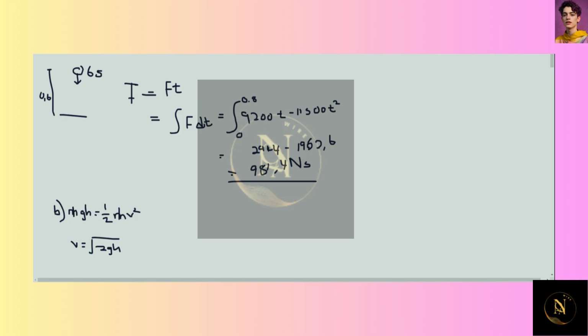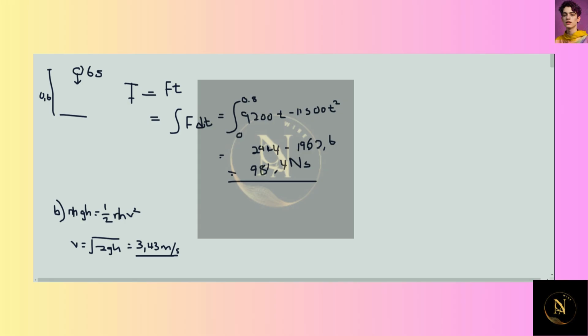Because the mass is common in both, you make v the subject and come up with something like this. Then you put in the numbers: 9.8, 0.6, and you find that your v is about 3.43 meters per second.